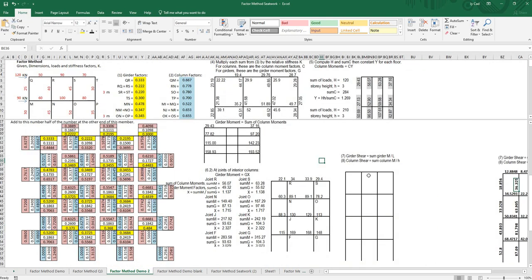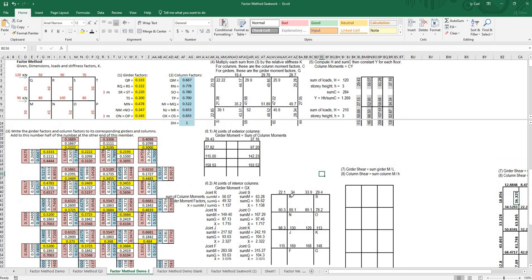For step 7, girder shear, kailangan natin yung girder moments that is from 6.1 tsaka 6.2. Okay, so dito tayo, ano? Yan.